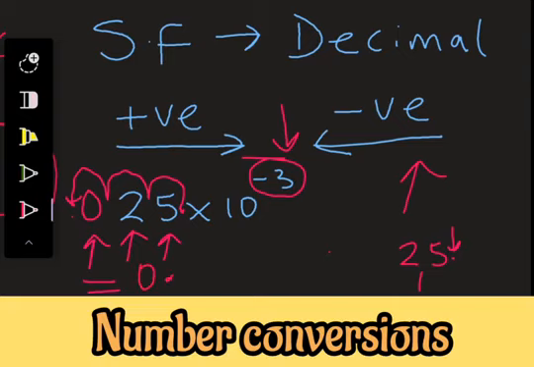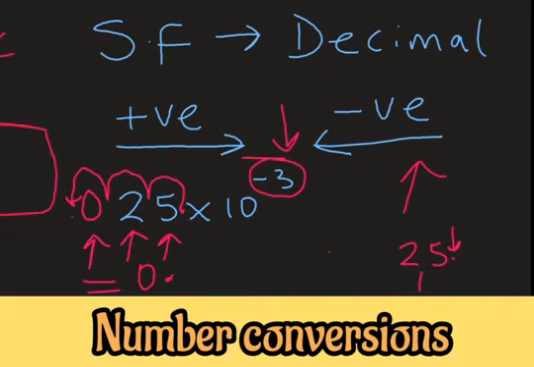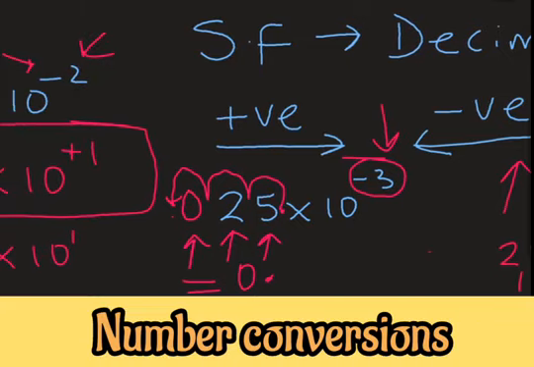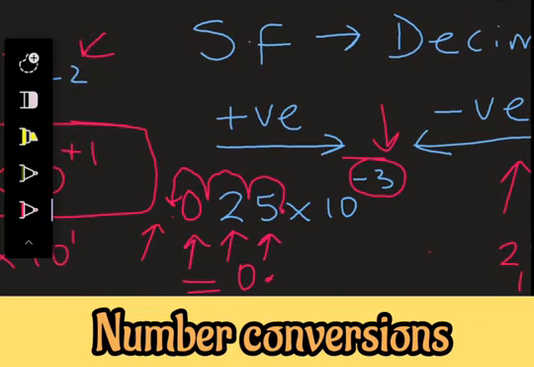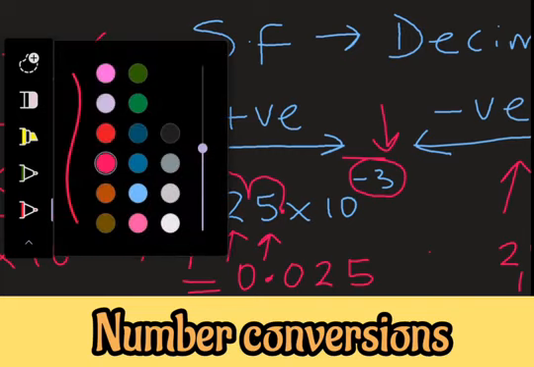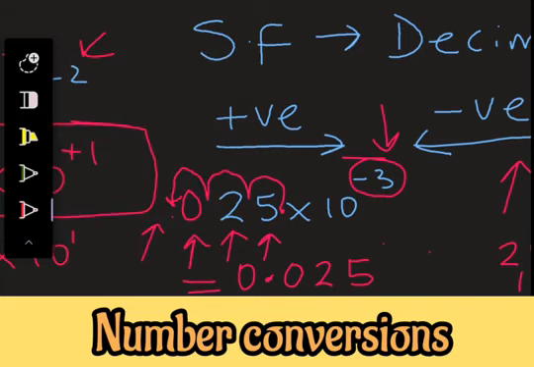That means our final answer becomes 0. There is no 0 here actually, but since it's empty, it's a 0 that will be there. So the answer becomes 0.025, and this becomes the decimal form of the number.